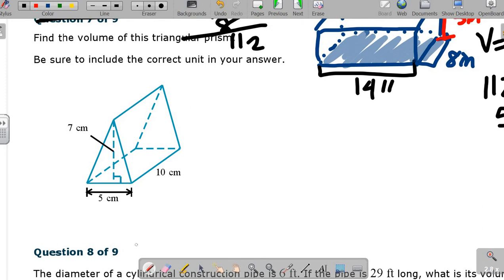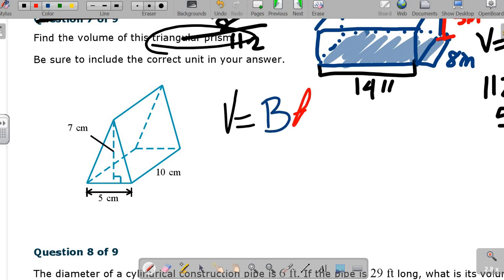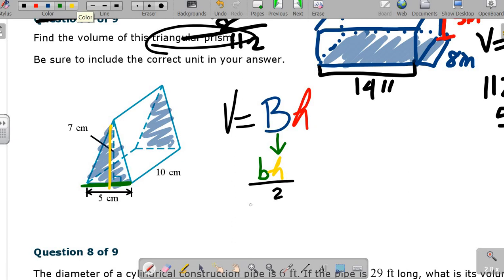Next one says find the volume of a triangular prism. Shade our bases. Our bases are these triangles, front and back. So in this case, our base, this capital B, is going to be base times this height of the triangle over 2. I know that sounds confusing because now we got more than one base here. So our base of the triangle is 5.